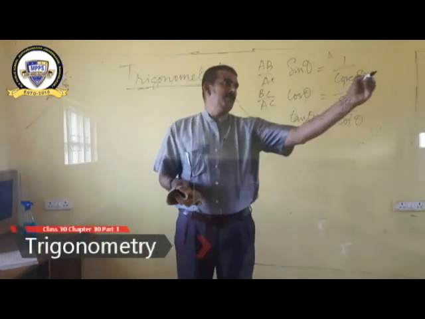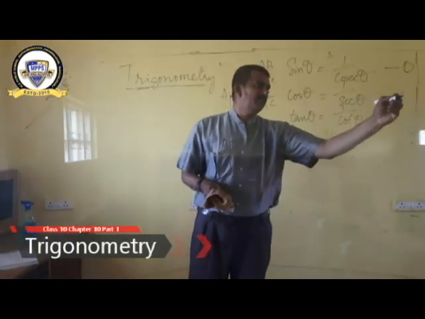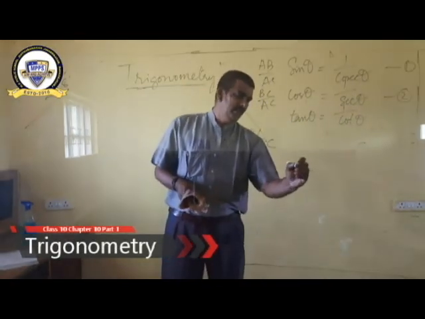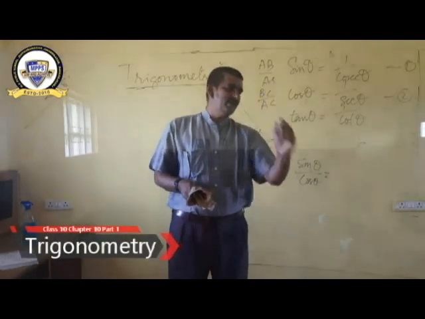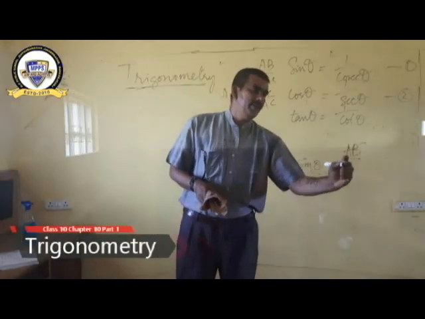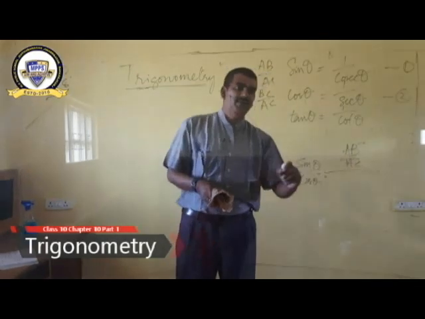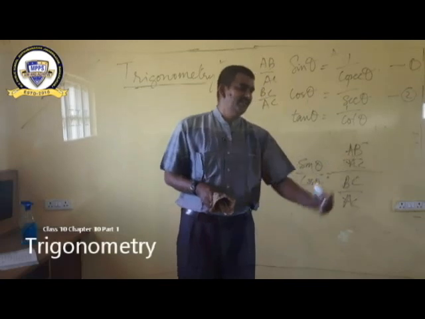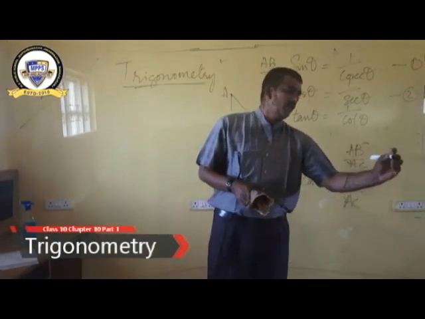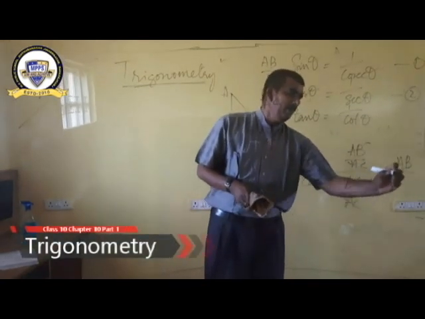Now if I divide sin theta by cos theta, what will I write? Sin theta divided by cos theta is AB by AC, the whole divided by BC by AC. This AC and AC you can cancel, and later on you get AB by BC.